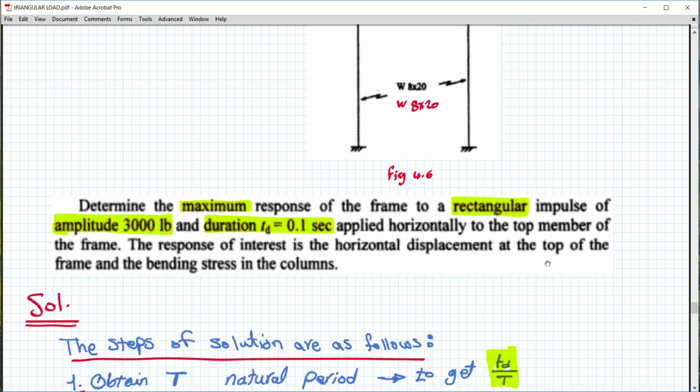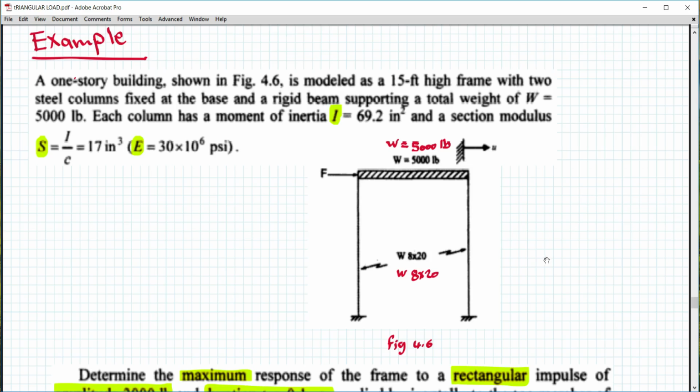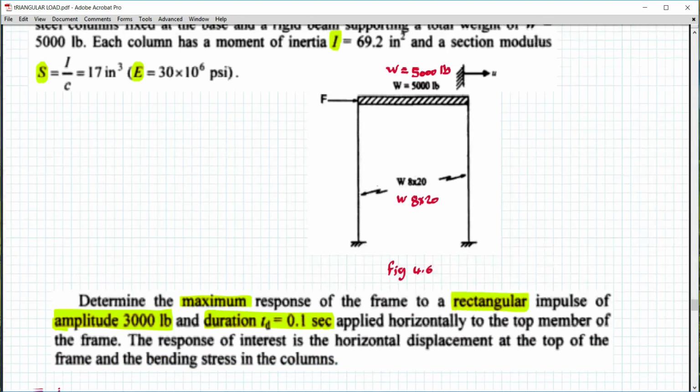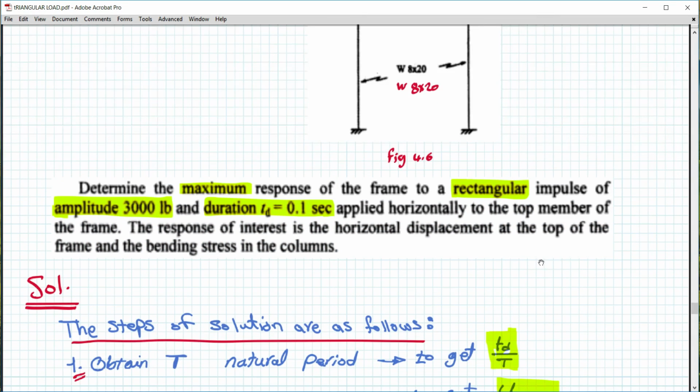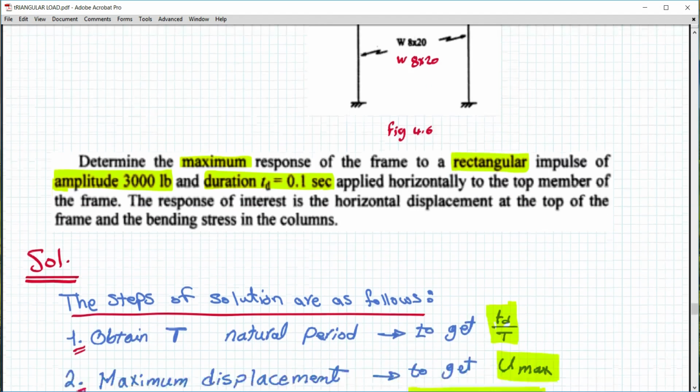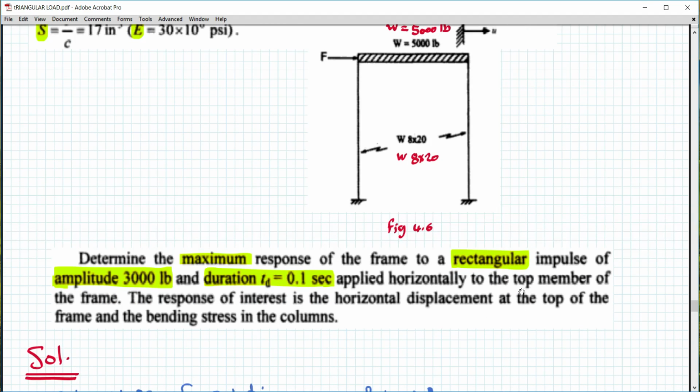Okay, so now we know everything about this example, and we want to know what the requirements are. Now the requirement is to determine the maximum response of the frame to a rectangular impulse. So we are talking about a rectangular impulse, something like this.